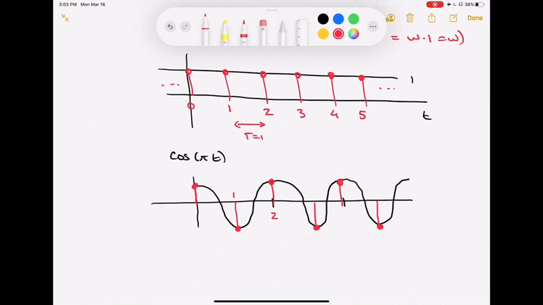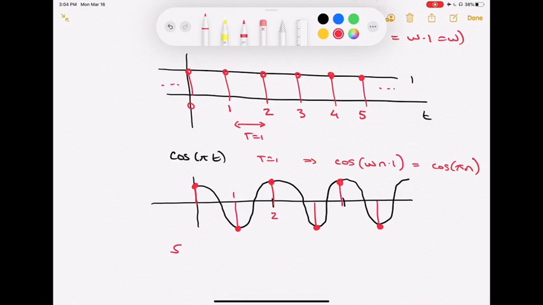So this was again sampling using capital T equal to 1. My sampled signal is then cosine of little omega nT, T though is 1 in this case. Because little omega is pi and my capital T is 1, I get cosine of pi n, and capital omega again equals little omega, so pi equals pi.